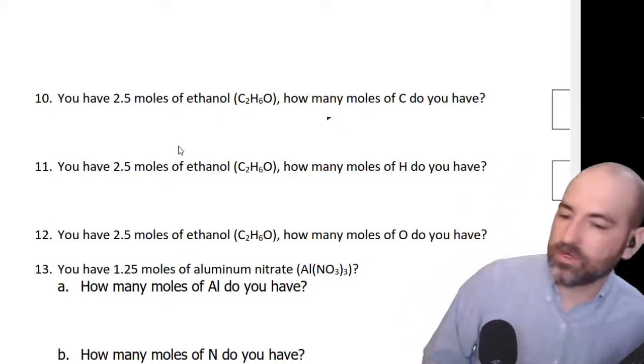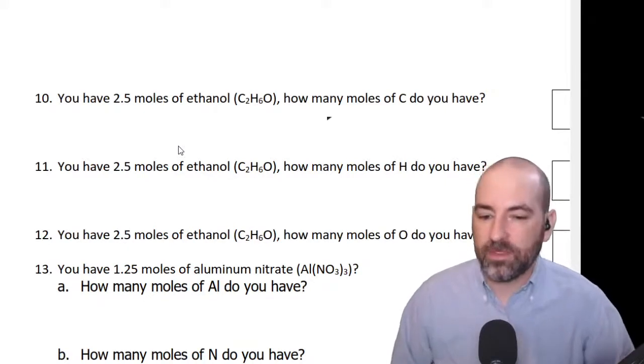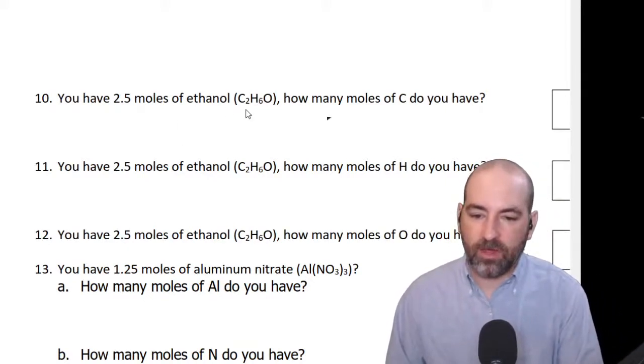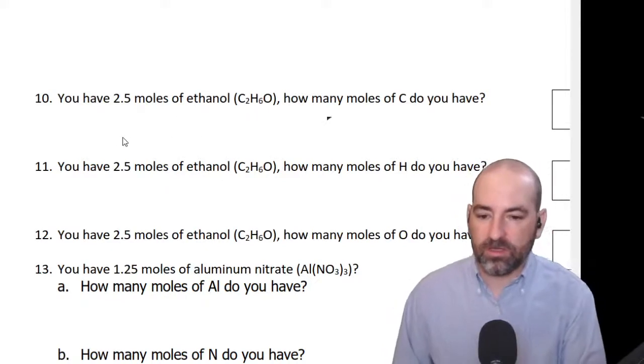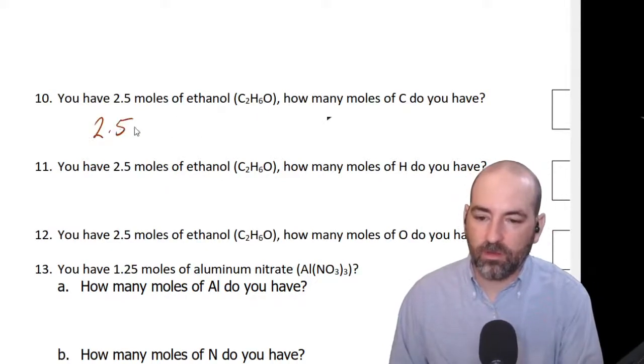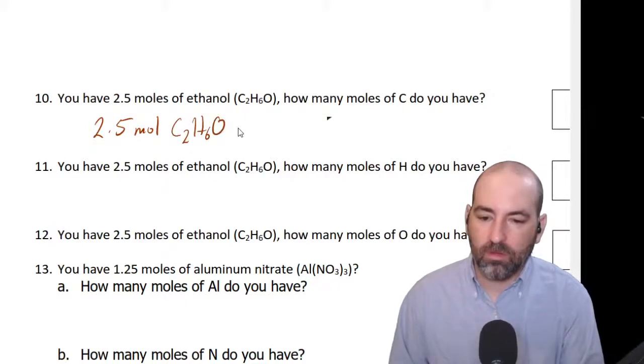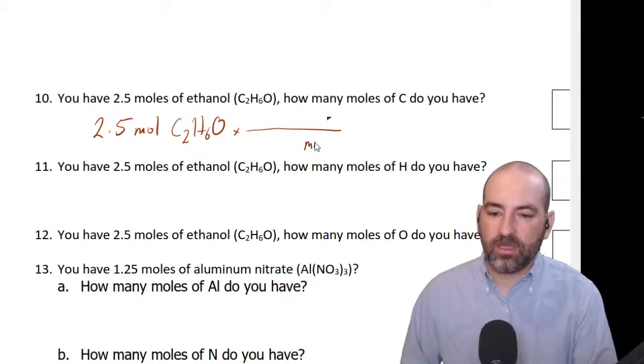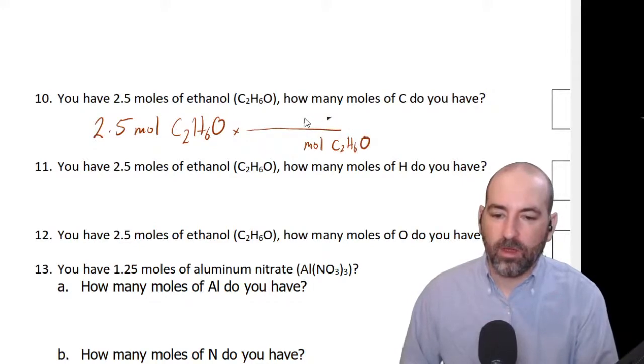So let's take a look at this first one. You have 2.5 moles of ethanol. How many moles of carbon do you have? Okay, well, ethanol is C2H6O. That's the formula. So we want a conversion factor that takes us from moles of ethanol to moles of just carbon.